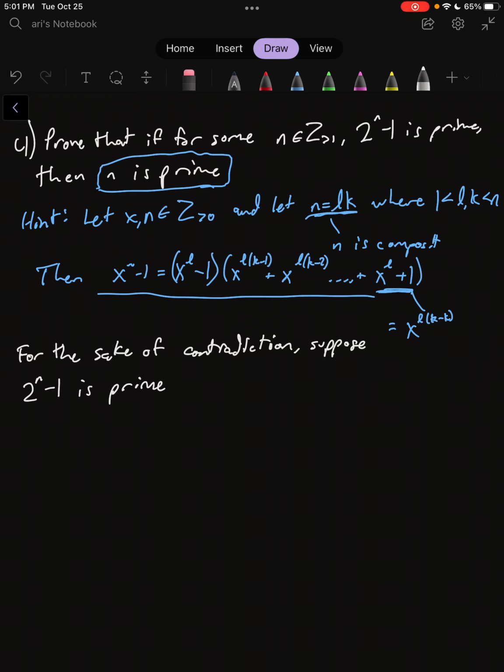That's our premise. And we could say for n in z greater than 1, although I don't want to bog us down in the details too much. So 2 to the n minus 1 is prime, and n is composite. Bam! This is for the sake of contradiction.